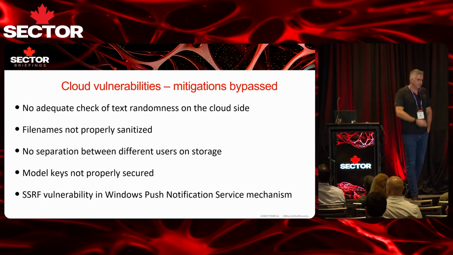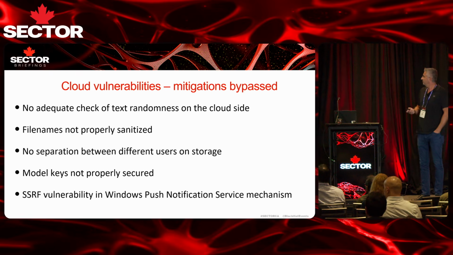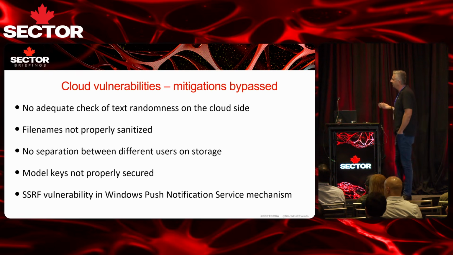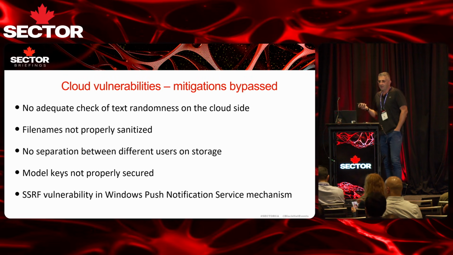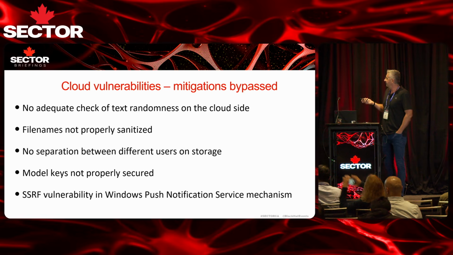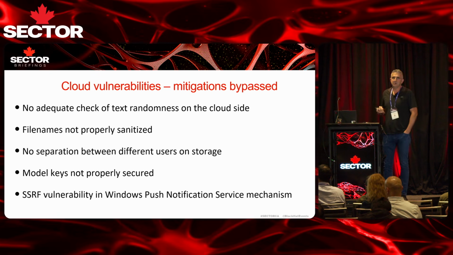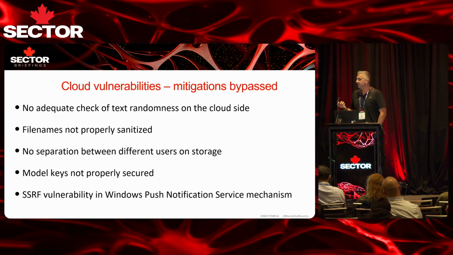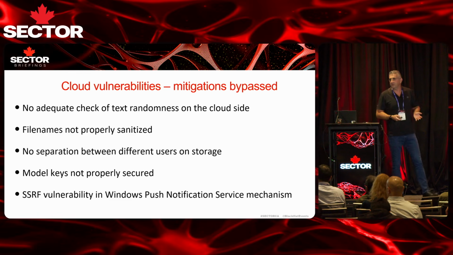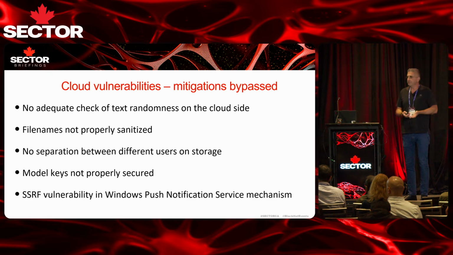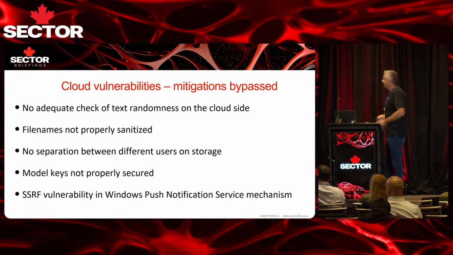So this slide summarizes all the vulnerabilities. We didn't discuss the last one, and we won't go into much depth on it, but basically it allowed an attacker to take control of the backend Windows push notification service and thus send notifications to any Speak For Me client application, either for a specific user or to all the users, and trigger some behavior inside this client application.